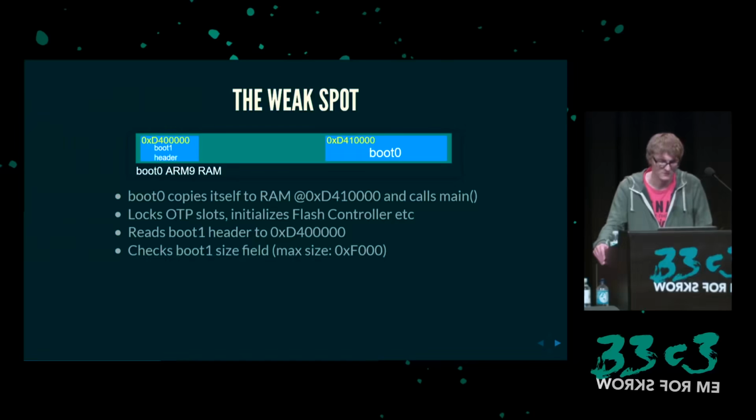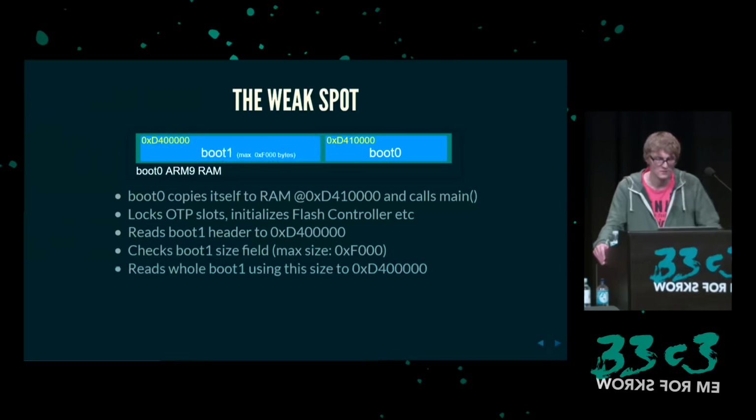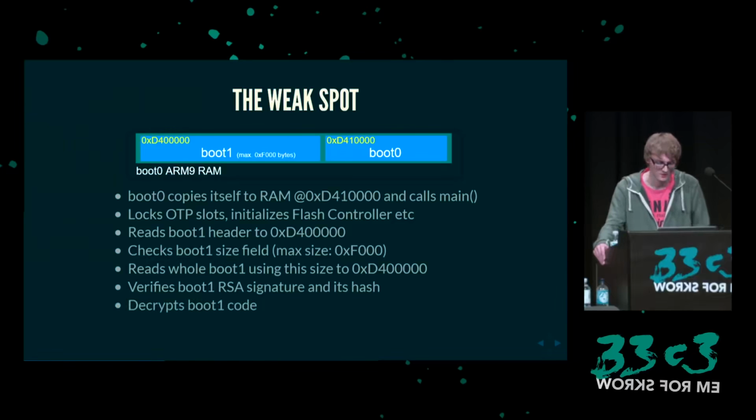They use the size to read the whole boot1 image, and then they do real signature verification to make sure that the image is not corrupted. It then decrypts the boot1 code using the key from RAM, clears the key, and jumps to the boot1 entry point. Okay, so what is the weak spot here?